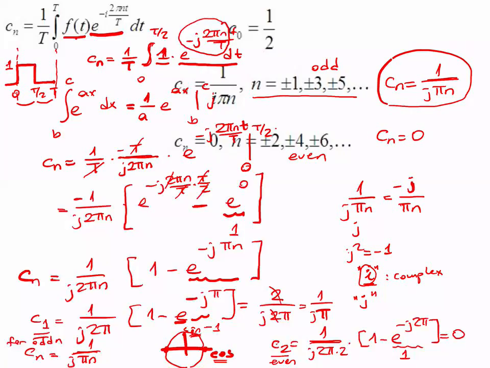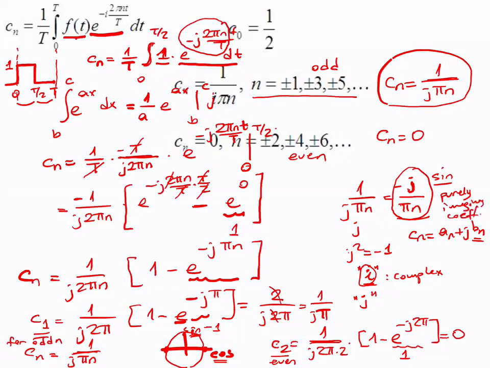So what do you see here? Cn is equal to An plus j Bn, let's say, and Bn is the coefficient related to sine, okay? Because it's a purely imaginary coefficient.